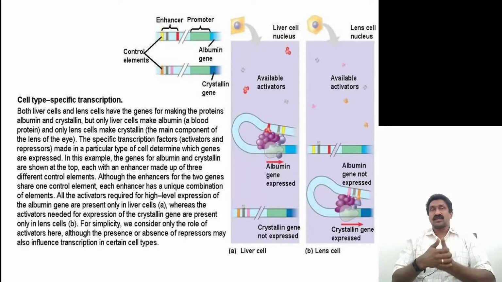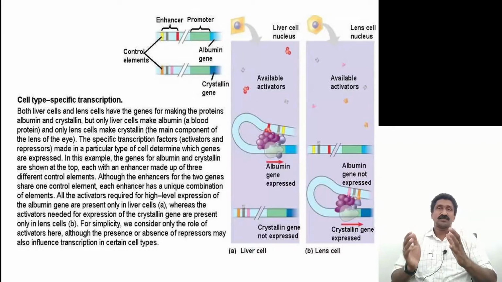So this is one of the classical examples of cell-specific gene expression. You can see in liver cells the albumin gene is specifically expressed, in lens cells the crystallin gene is specifically expressed, and maybe in pancreatic cells the insulin gene is specifically expressed.